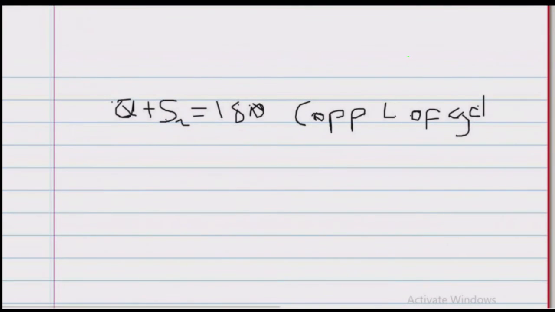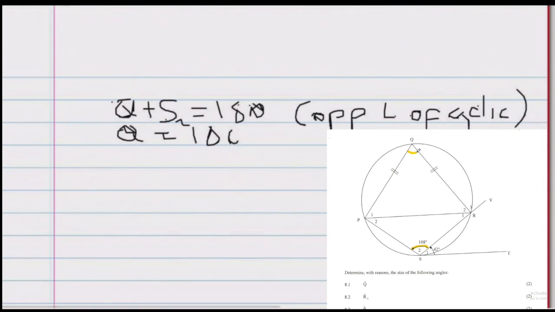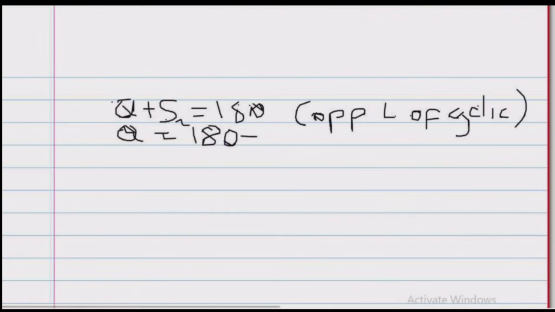Meaning now my angle Q would equal 180 minus 108, which will give us 72 degrees. So angle Q would be 72 degrees.